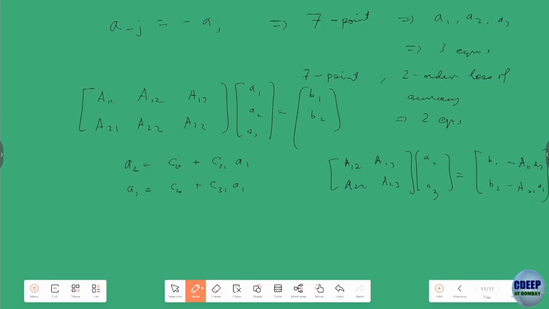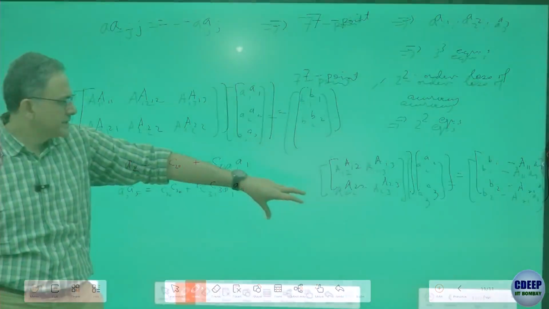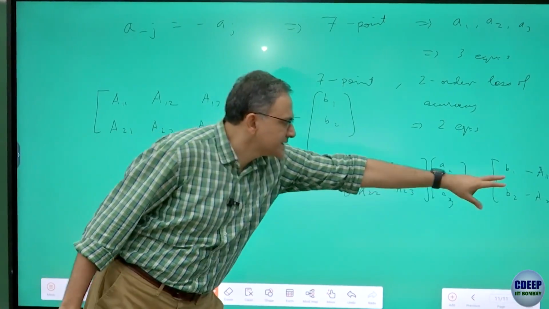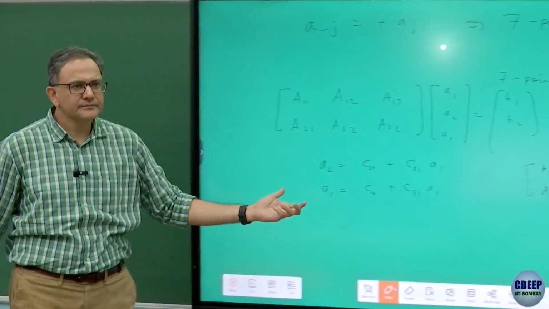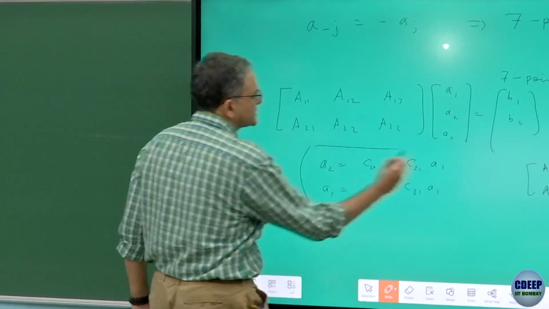So this is an Ax equal to B problem, which you can invert to get A2 and A3 in terms of a constant and A1. So this is what I have written. Solution of that will give you this.